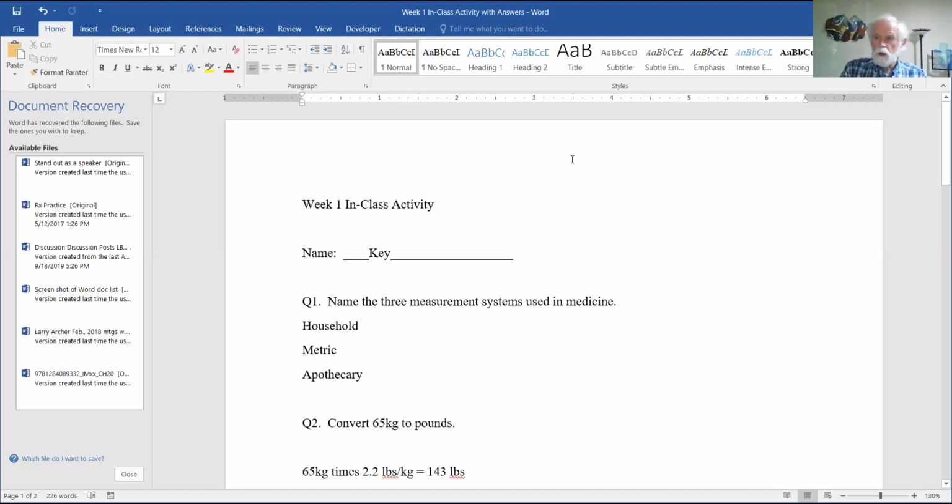This is how mistakes, especially on prescriptions, get caught. Probably 85% of the time, mistakes get caught simply by somebody looking at it, checking it, and examining it. So it's a good idea to get used to that.